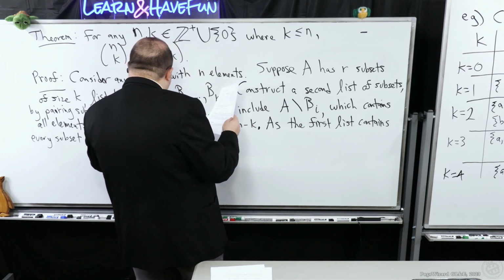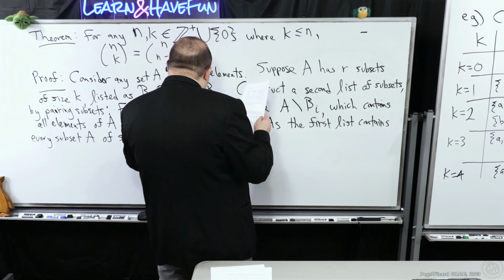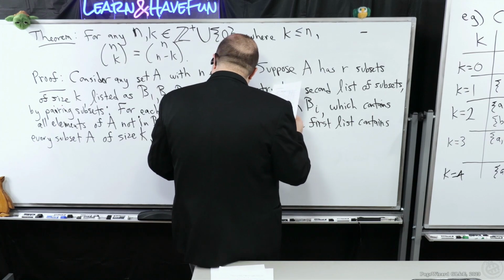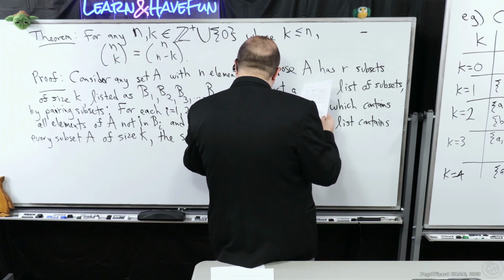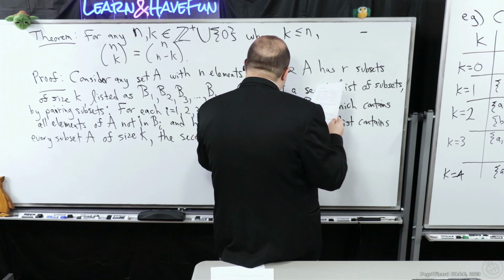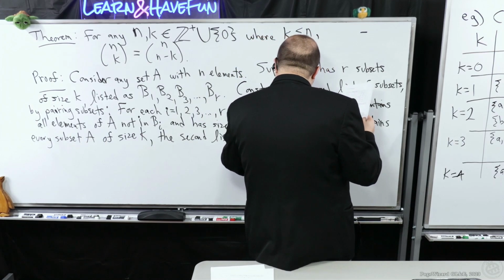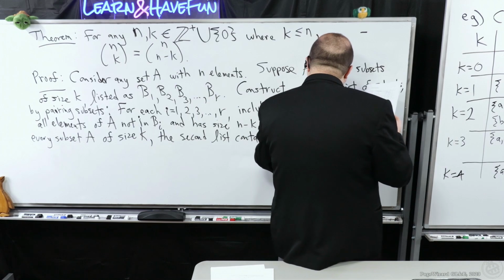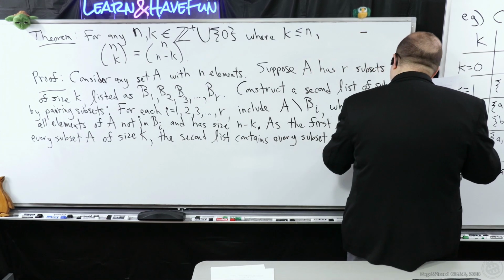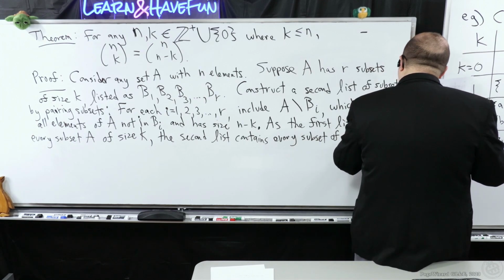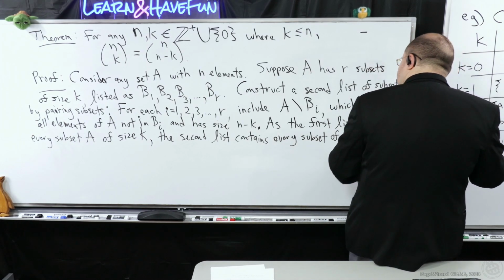The second list, as a result, contains every subset of A of size n minus k.